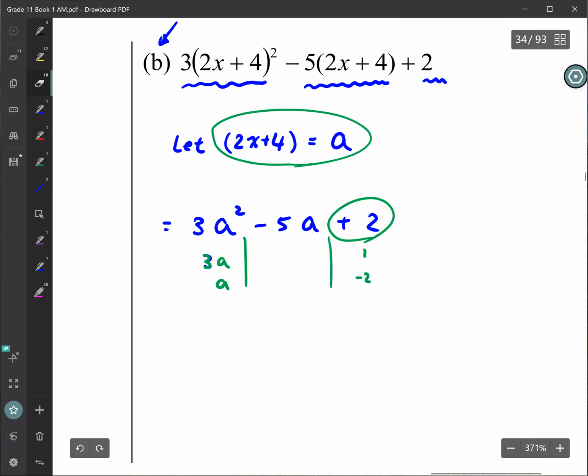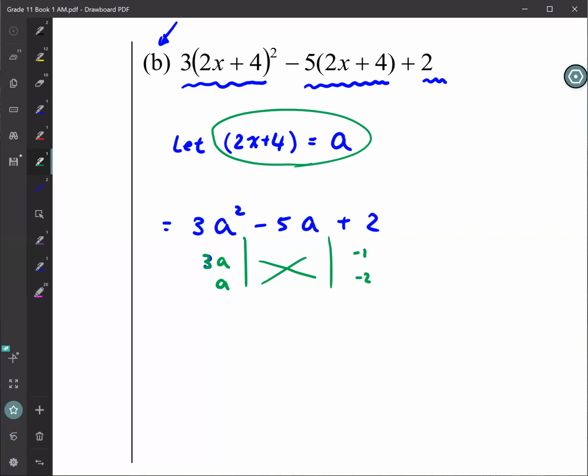But we want +2 on the right side, right? 1 and -2 won't work. So try again. -1, -2. Yeah, okay, it has to be both negative, right? Both negative to make a +2. But when you do the cross multiply, does it work? No. So what should we do? What other options?